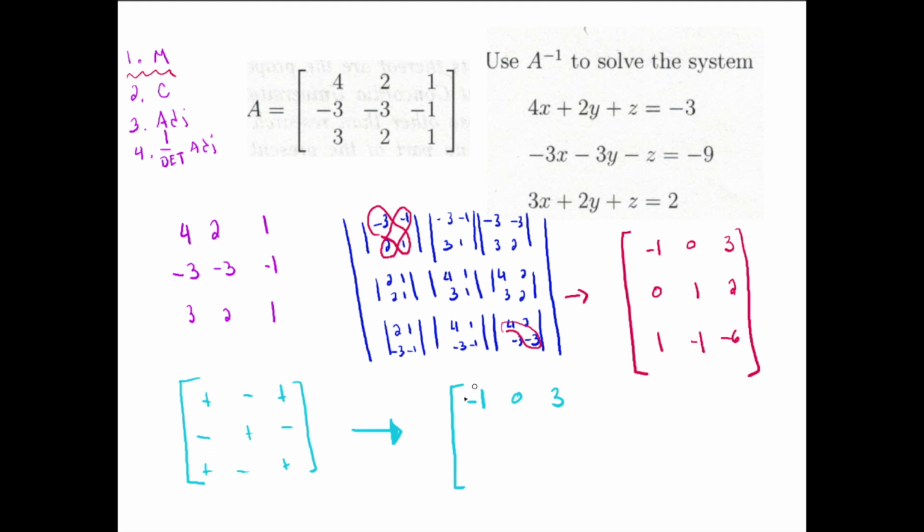Negative 1 times 0, which is 0. Positive 1 times 1, which is still 1. Negative 1 times 2, this changes to negative 2. Positive 1 times 1 is 1. Negative 1 times negative 1 is 1. Positive 1 times negative 6 is negative 6. So this is our matrix of cofactors.